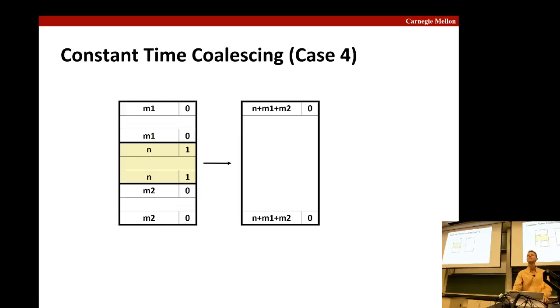Yes? Why can't we coalesce lazily and not coalesce unallocated blocks immediately? That's an option. You can defer coalescing till later if you want. When someone has gone to free something, you potentially have some time there.